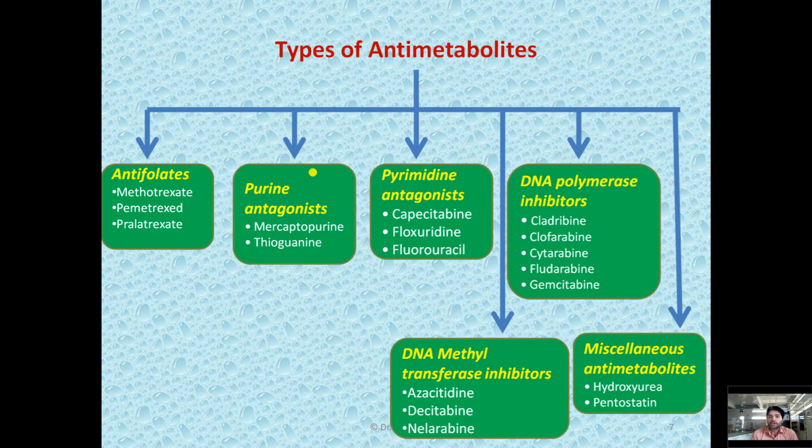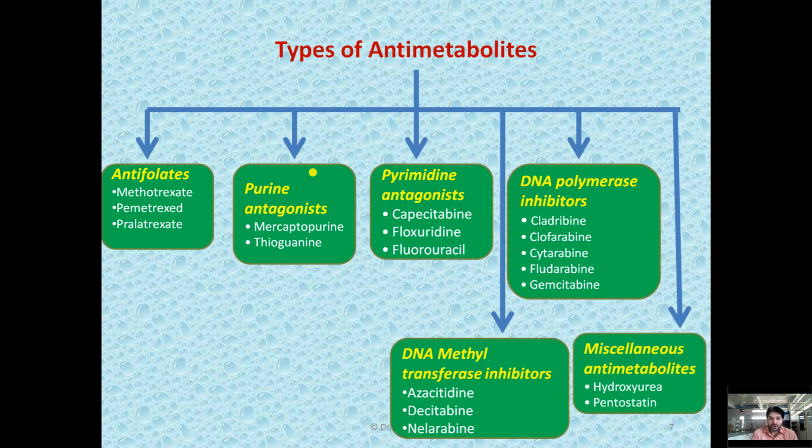Okay. So, this is the brief classification of antimetabolites. The first class is antifolates, which includes a total of 3 molecules: methotrexate, pemetrexed and pralatrexate.